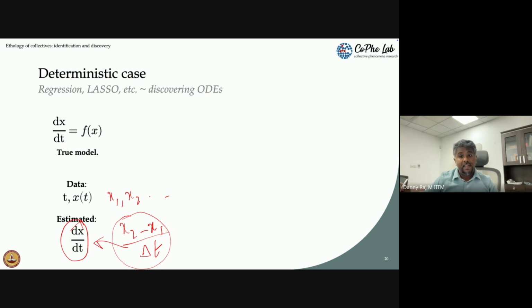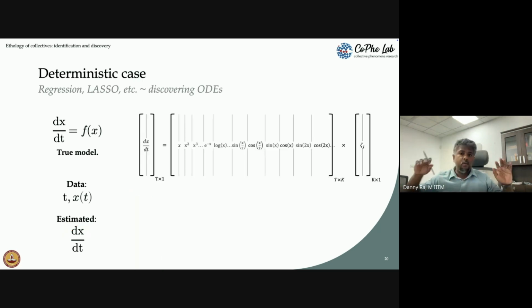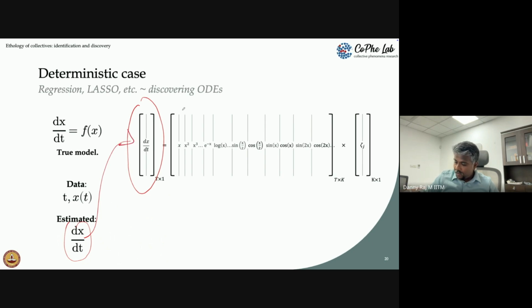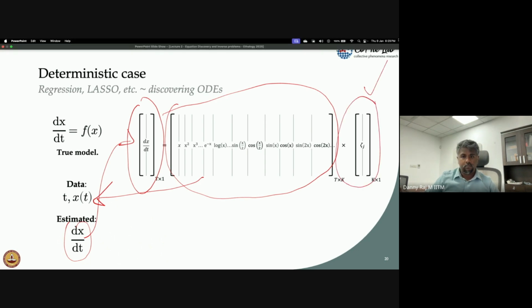for the derivatives. And once you have that, you can pose the same sparse regression problem, where now your left hand side is all this estimated dx by dt. These are all your candidate functions evaluated using t and x, and these are the things that you need to find out.